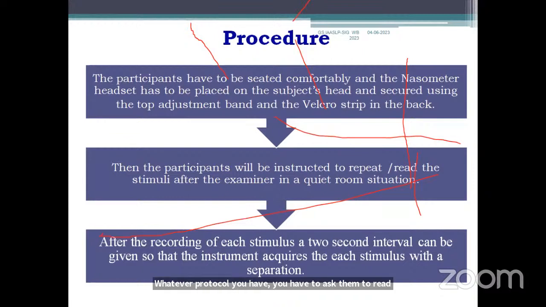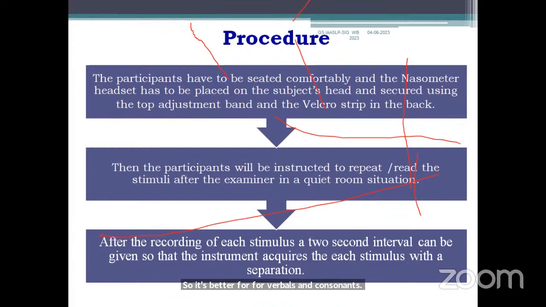And if you want, you can ask them to repeat for better analysis. Usually what we do is ask them to do 3 repetitions if it is vowels and CV combinations, and for oral sentences and nasal sentences, we go for only 1 recording because it takes time.